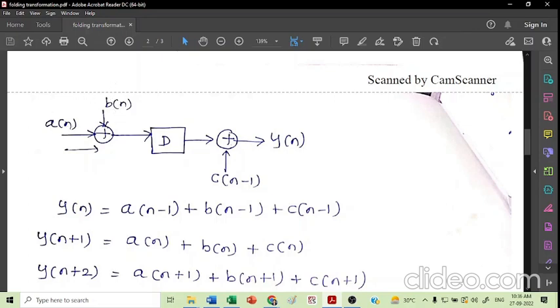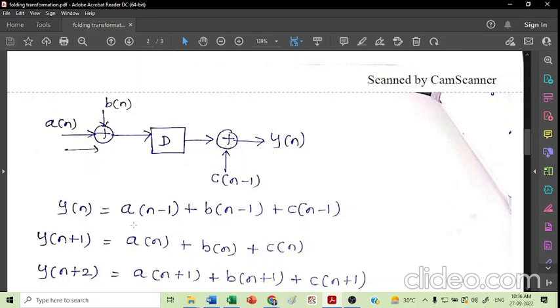In this circuit also the inputs are a n plus b n, but there is a difference between the previous and this current circuit, as the delay element is inserted here. So at this adder we will get this a n and b n after 1 unit delay time. And here instead of c of n it is c of n minus 1.